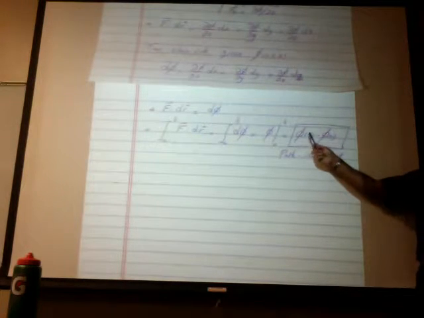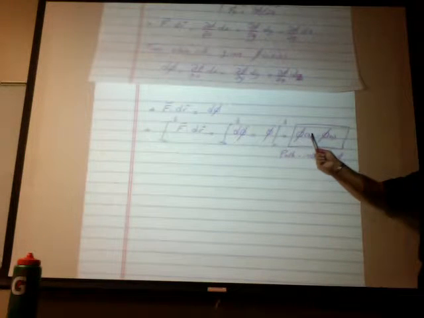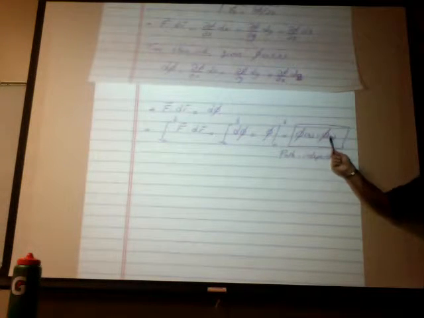So regardless of whether you go from one elevation to the next on a straight path or on a curved path, the amount of work performed on that motion from A to B will be simply the potential energy evaluated at B minus the potential energy evaluated at A. That's it.